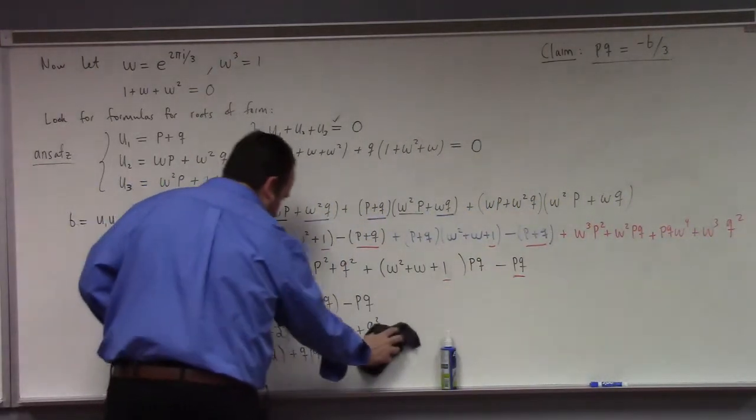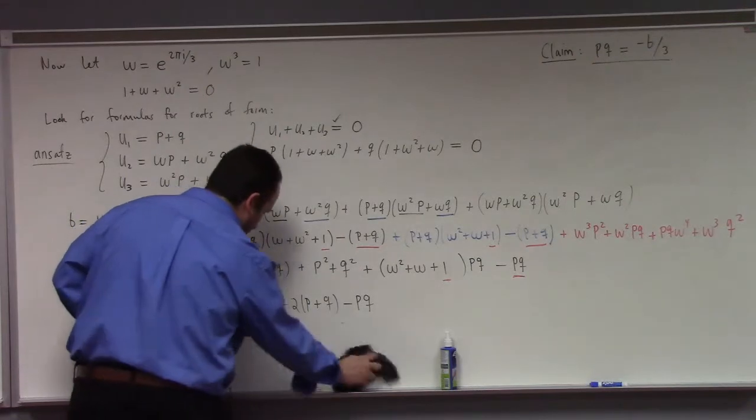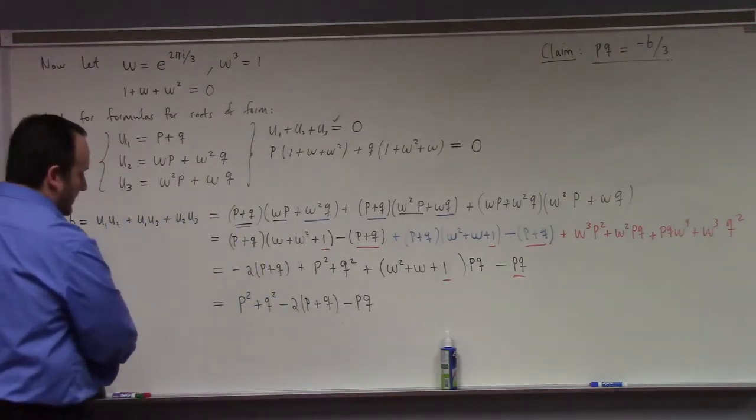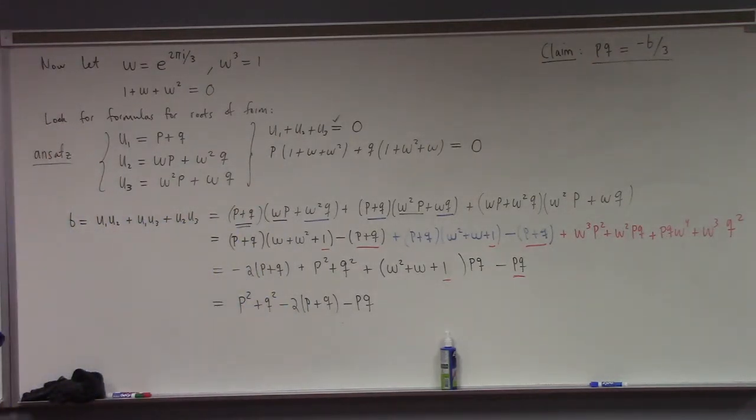Because the mistake should be something like some things should have been canceling and somehow giving us 3 copies of PQ.